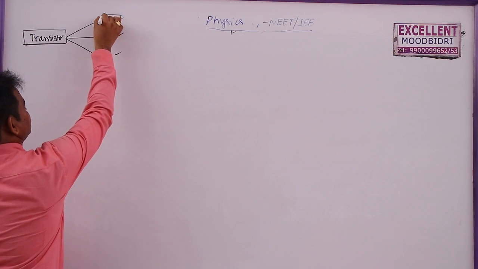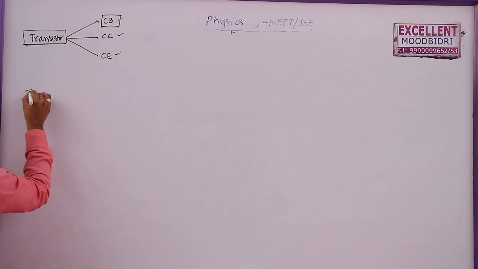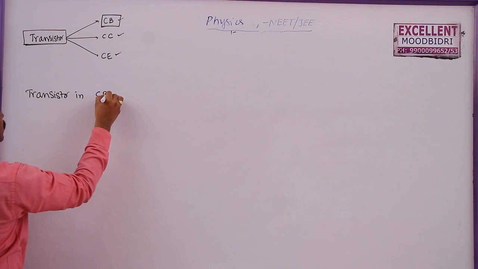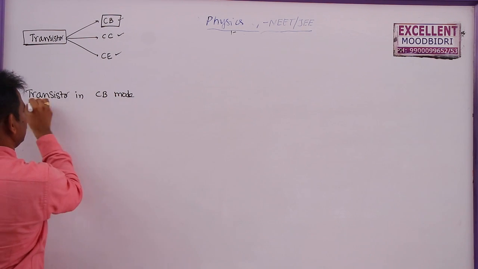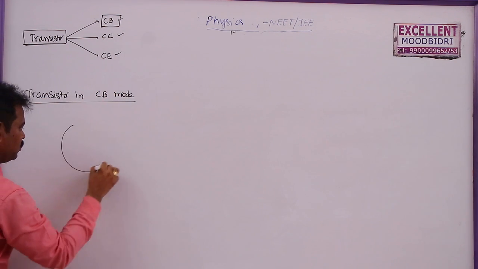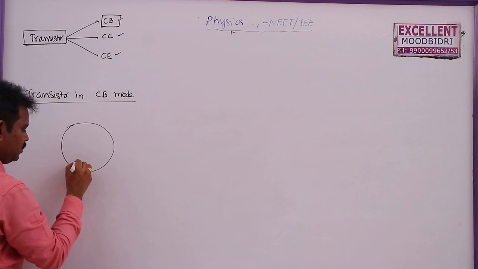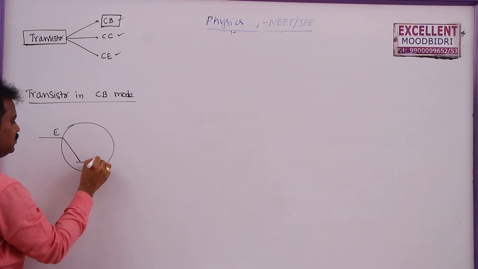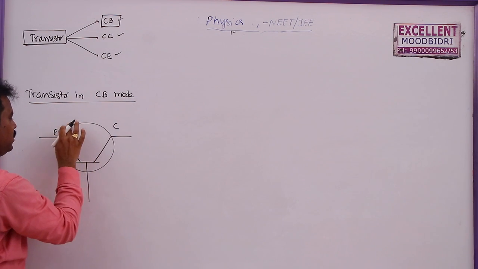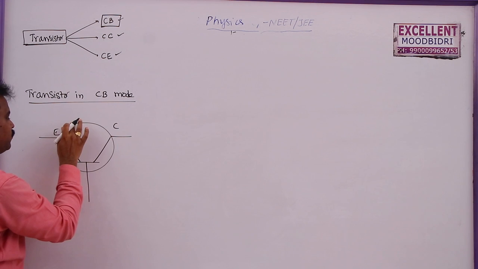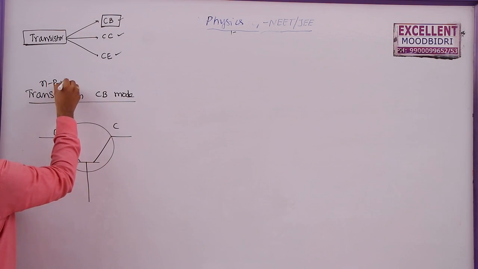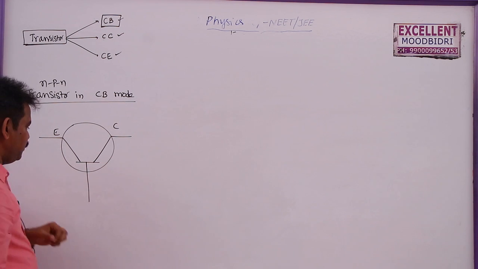Let me explain this CB mode. Transistor in CB mode. This is the transistor, this is the base, this is the emitter, and this is the collector. Generally, for more accurate values or for efficiency, we will use NPN transistors only rather than PNP.